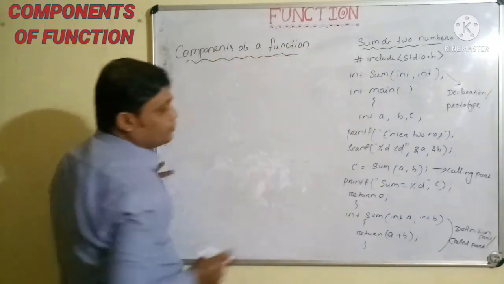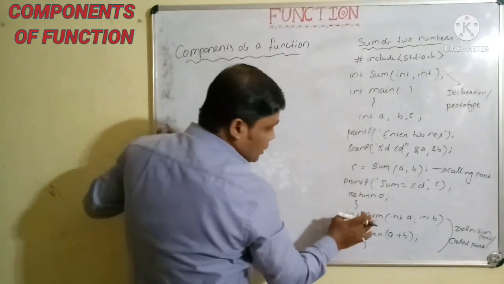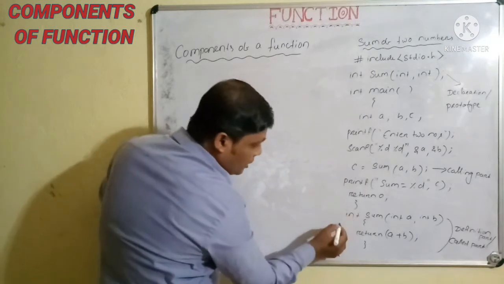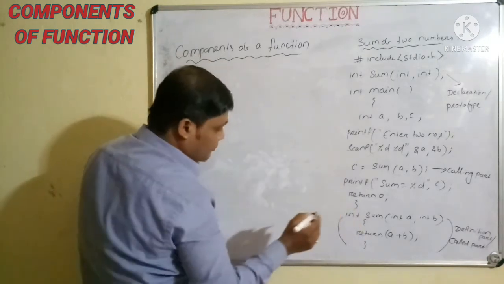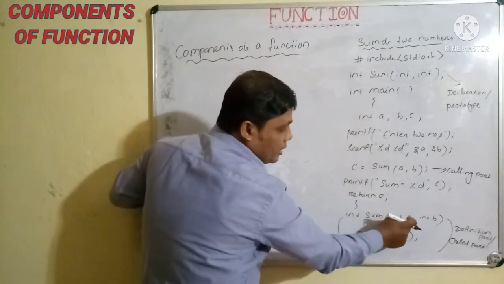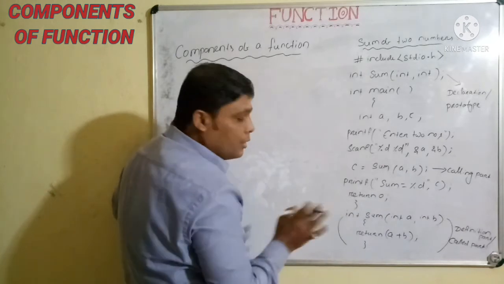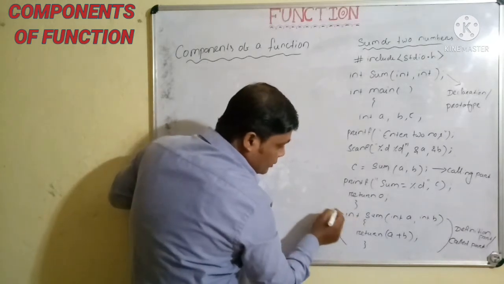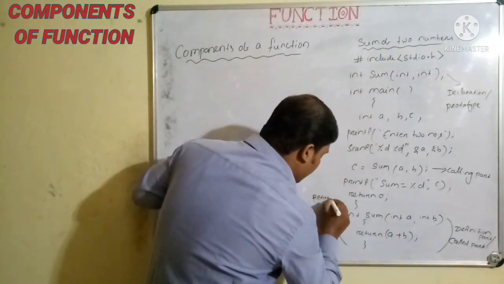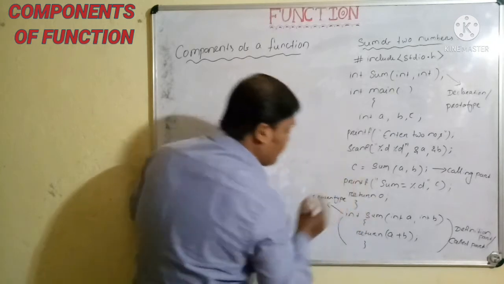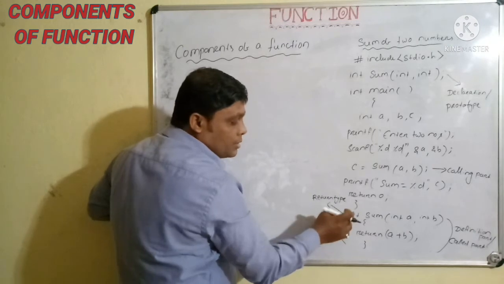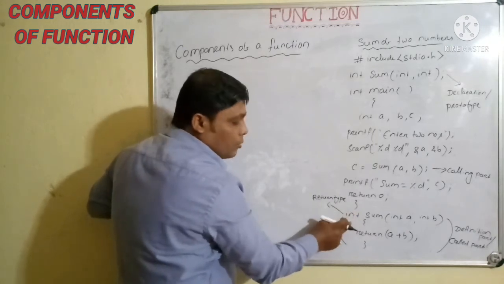Components of a function. Just see, in this definition part, you can see what I have written: int sum, int a, int b. Clear? This int is the return type. It is returning one integer value.